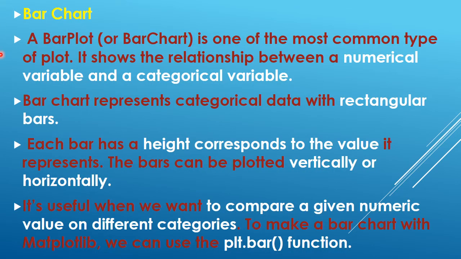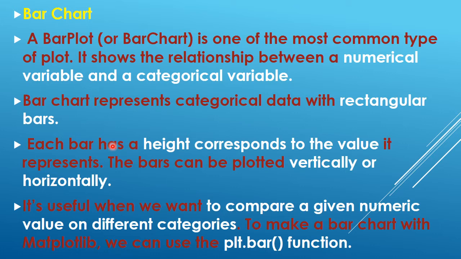Next we can see the bar chart. The bar chart, or bar plot, is one of the most common types of plot. It shows the relationship between a numerical variable and a categorical variable. The bar chart represents the categorical values with rectangular bars. Each bar has a height corresponding to its value.